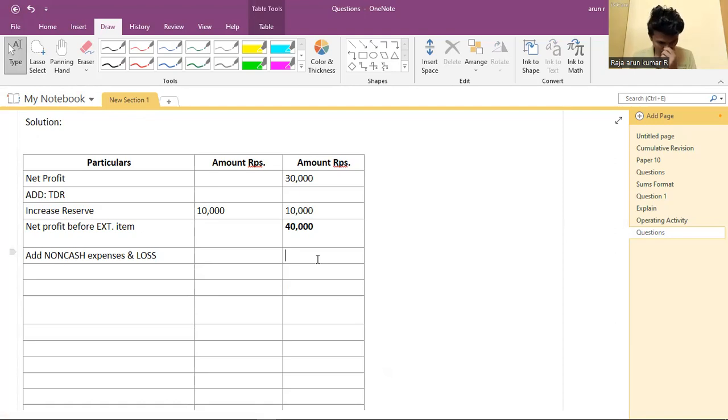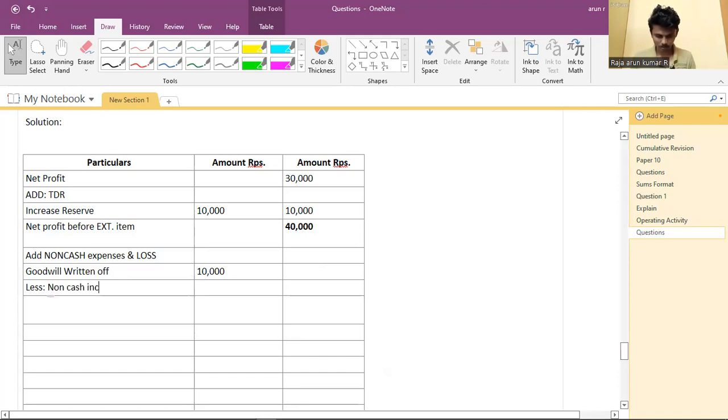Net profit before taxes, I put it. Add the non-cash items, that is goodwill written off 10,000. Less non-cash income and gain.